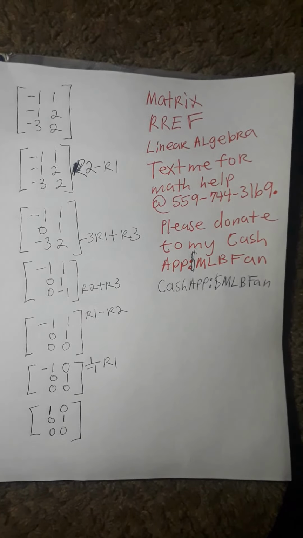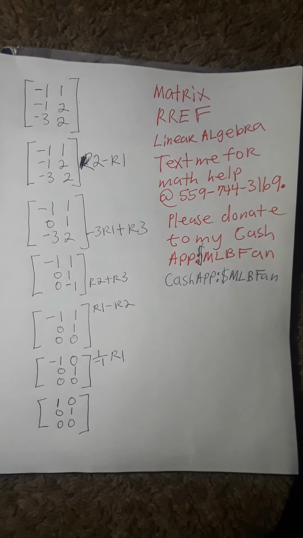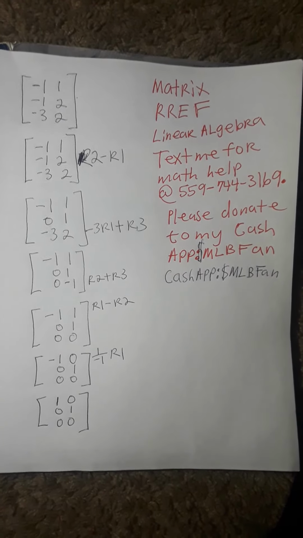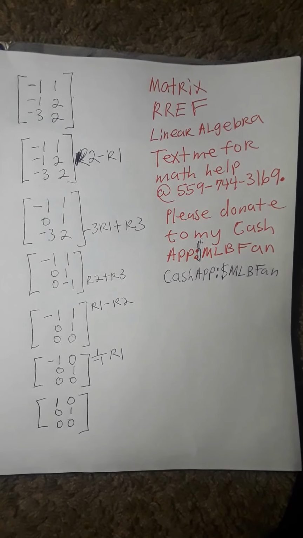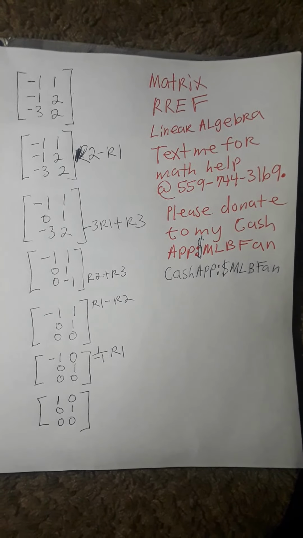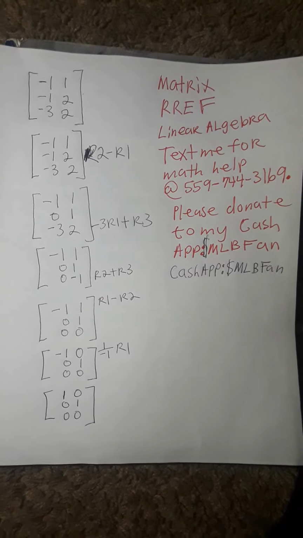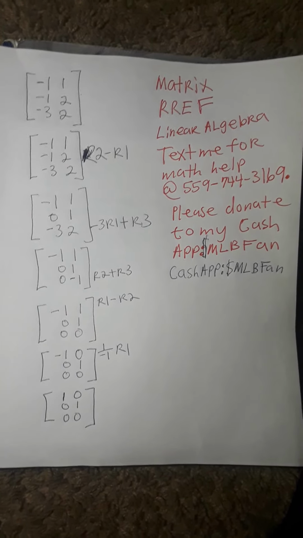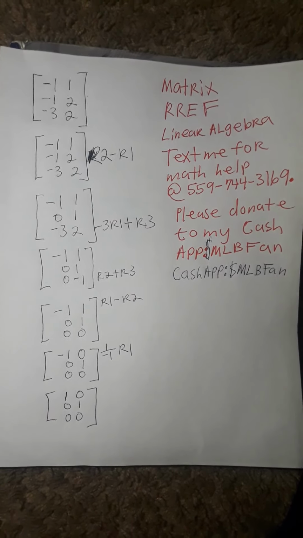Good evening, everyone. Today we are going to be observing a matrix and we're going to utilize the RREF, and that is row reduced echelon form in linear algebra. Here we have a matrix of -1, 1, -1, 2, -3, 2.